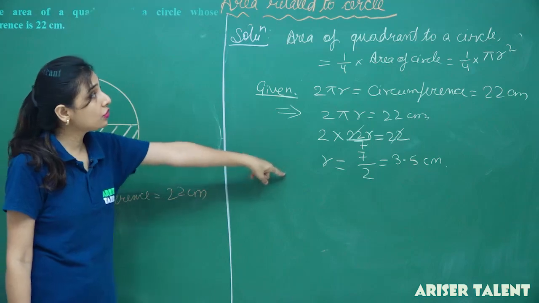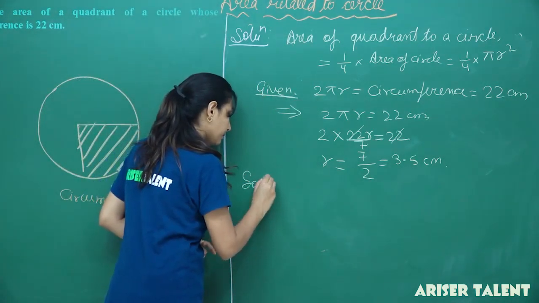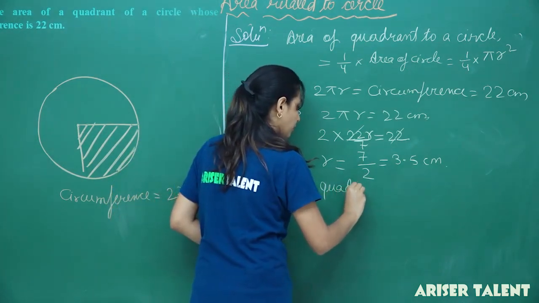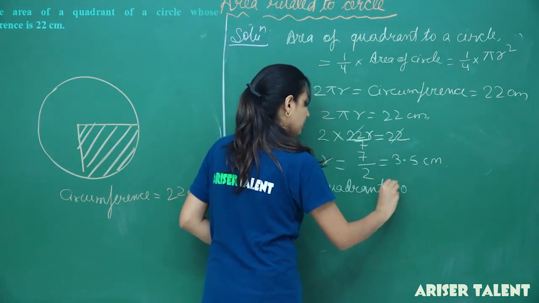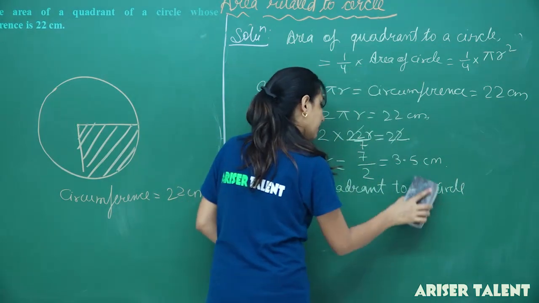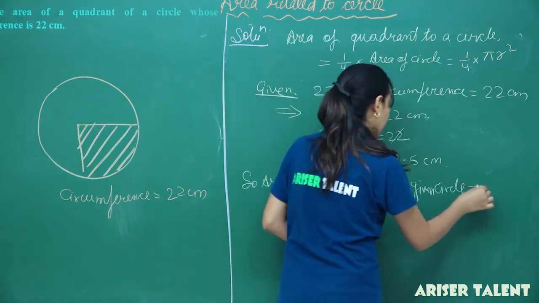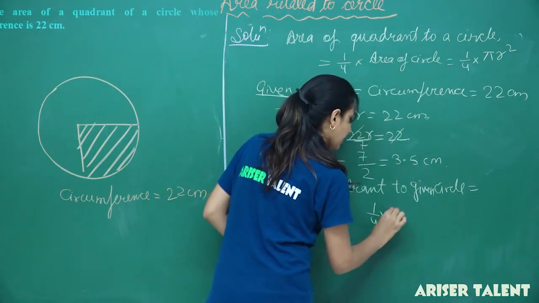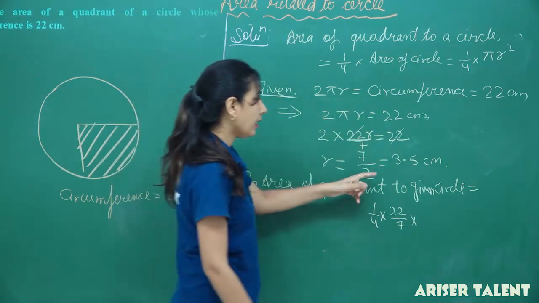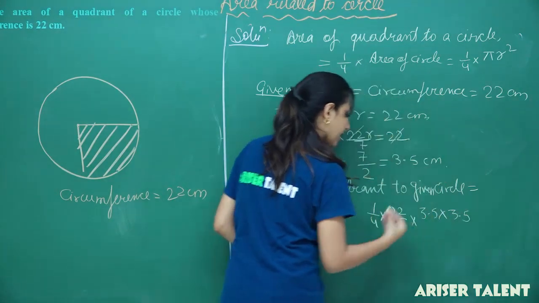Now you have the radius, so you can find the area of the quadrant of the circle. Okay, so the area of the quadrant of the given circle equals 1 by 4 pi r square. I am directly putting the value of pi here, 22/7, and r is 3.5, so 3.5 multiplied by 3.5, squared, isn't it?